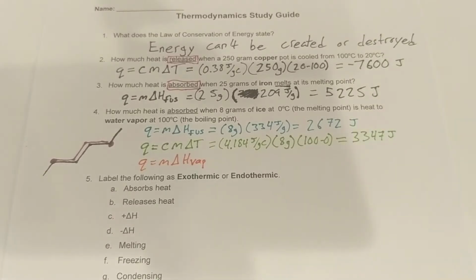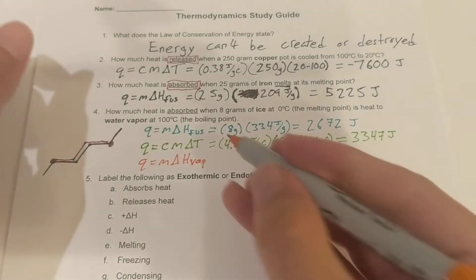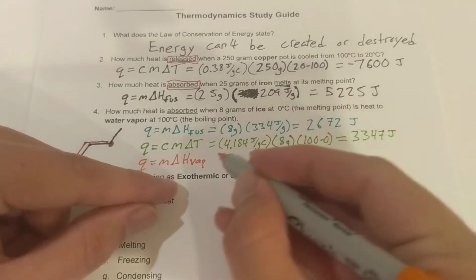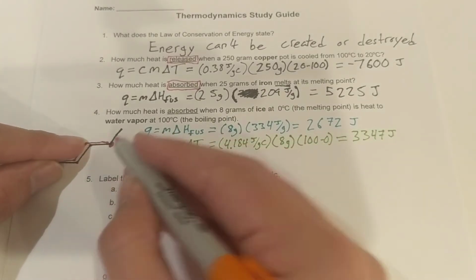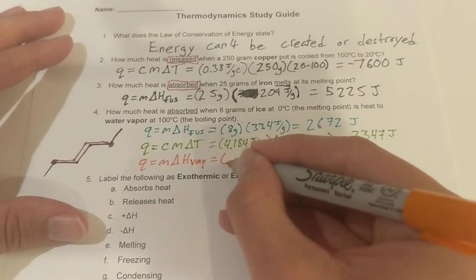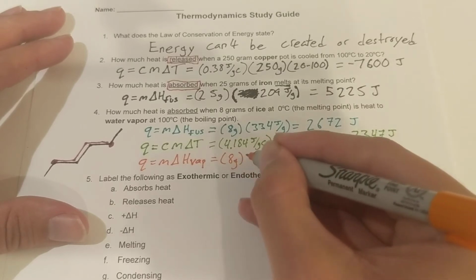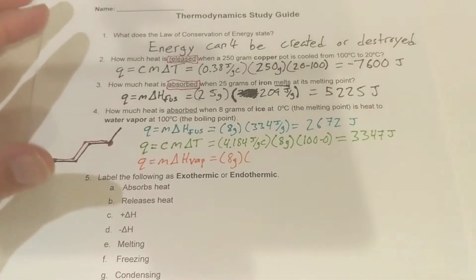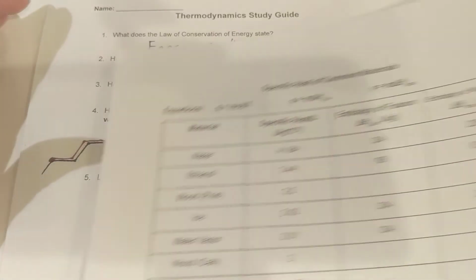joules. And lastly, we got to figure out how much energy it takes to then take that liquid water at 100 degrees and boil it so it's all a gas. So we can take that mass, 8 grams, multiply by our enthalpy of vaporization. So again, back to the table.